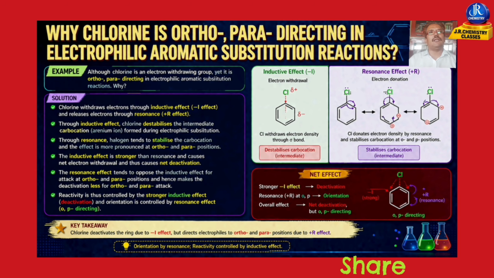Now next is an example. Although chlorine is an electron withdrawing group, it is ortho para directing in electrophilic aromatic substitution reactions. Why? And the answer is very simple. Chlorine withdraws electrons through inductive effect and releases electrons through resonance.